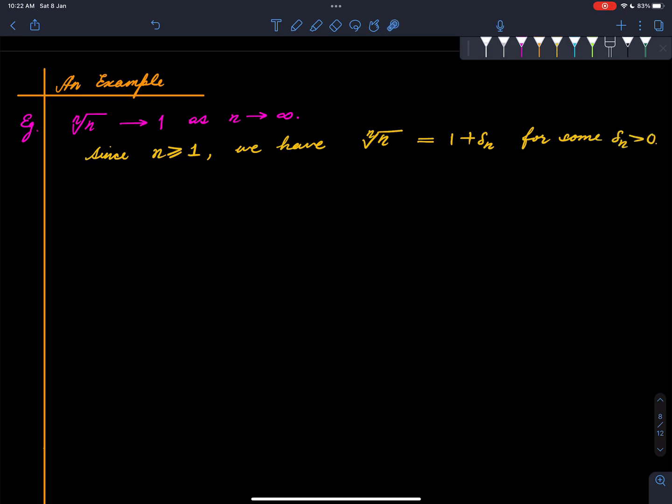What are we saying? We are saying that this is greater than 1. That's all we are saying. So for n greater than or equal to 1, this is definitely greater than 1.